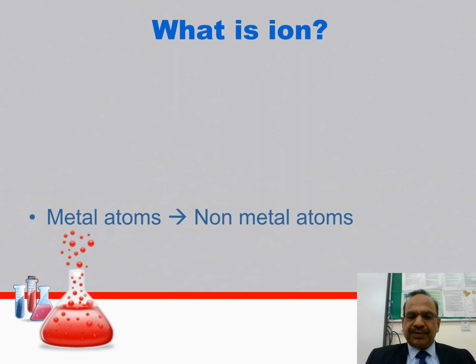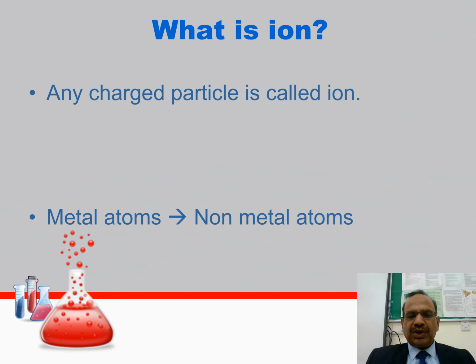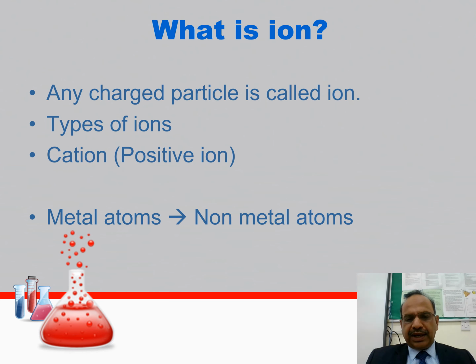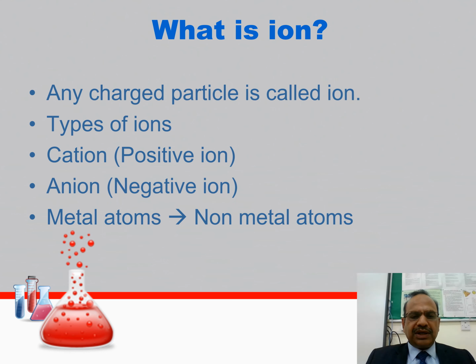Any particle which has a positive or negative charge is called an ion. So any charged particle is called an ion. In general, metals always lose electrons and get a positive charge, and non-metals gain electrons and get a negative charge. Positively charged particles are called cations, and negatively charged particles are called anions.